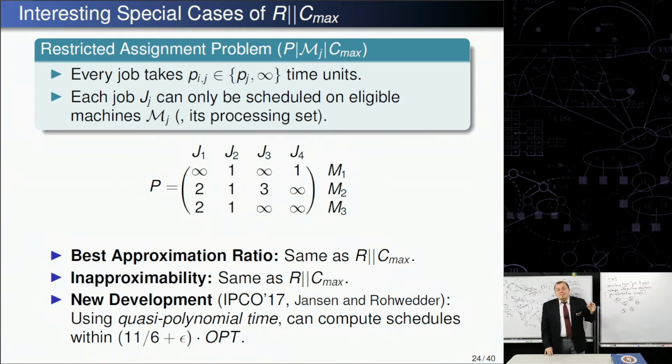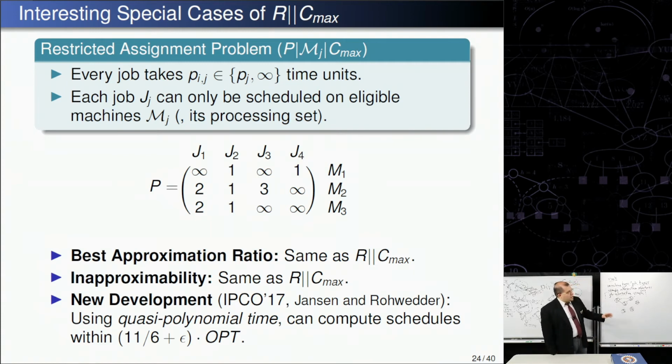So you can actually build the schedules. It isn't just about estimating the answers. But it requires quasi-polynomial time. So the question really becomes, can we actually get that in polynomial time? We don't know right now. And I'm actually quite excited about that.